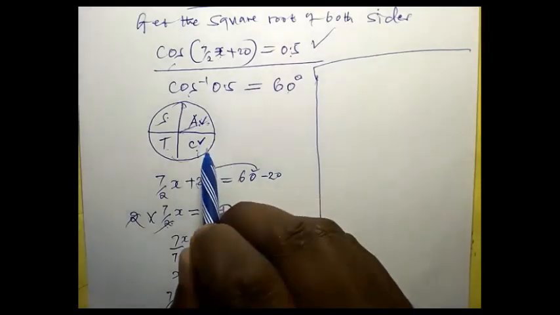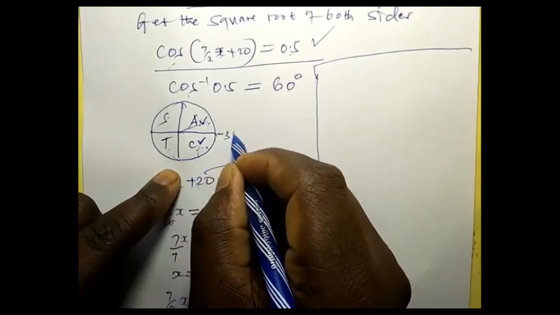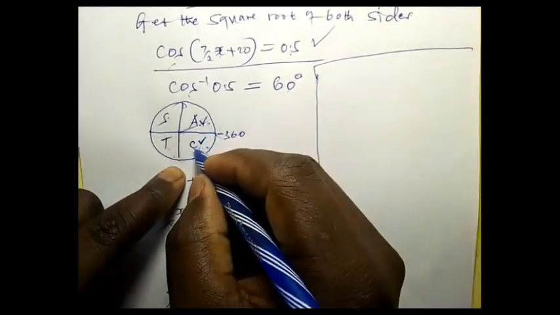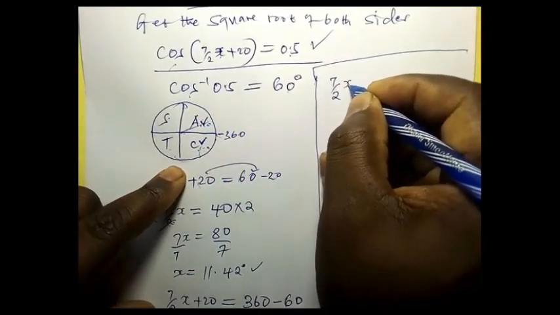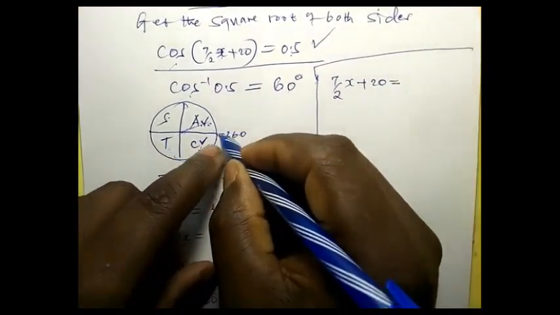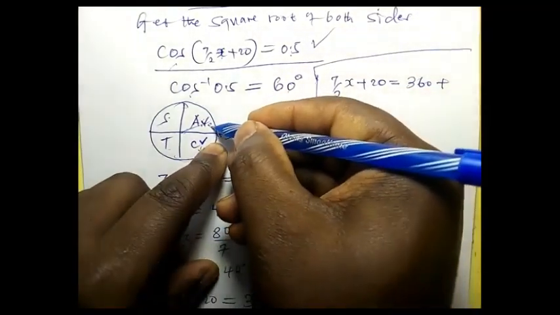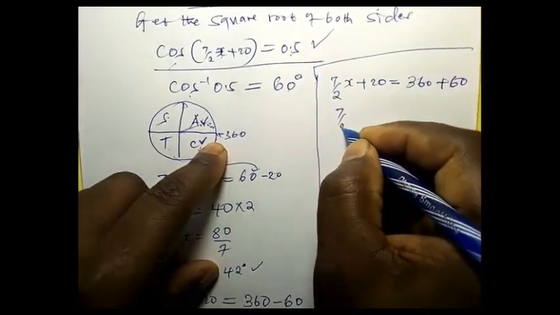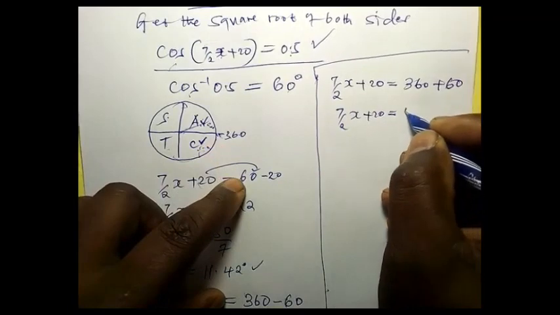Now, since we have finished the 360, we are going to 360 plus theta. So 7/2 x plus 20 will be equal to 360 plus 60, because we are at the first quadrant again, which is 420.